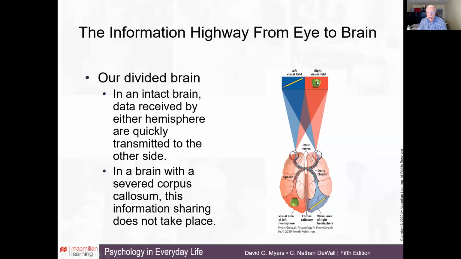If the apple were to flash in your right visual field, it would register back here in your left occipital lobe in the visual cortex. So if the experimenter asked what you just saw when the pencil was presented, you would be able to say a pencil. And if the researcher asked what you just saw when the apple is presented, you would be able to say an apple.